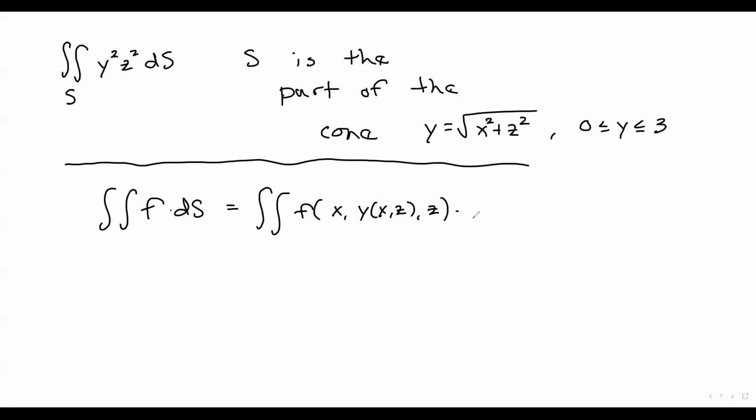And then the variation here for the surface part is going to be, instead of having z differentiated with respect to x, we're going to have y differentiated with respect to x, squared. And then instead of having z differentiated with respect to y here, we'll put 1 there for that guy. And then here we're going to have y differentiated with respect to z, squared.